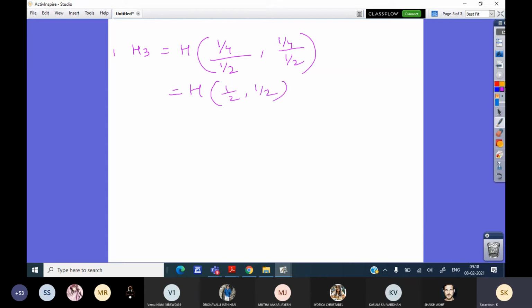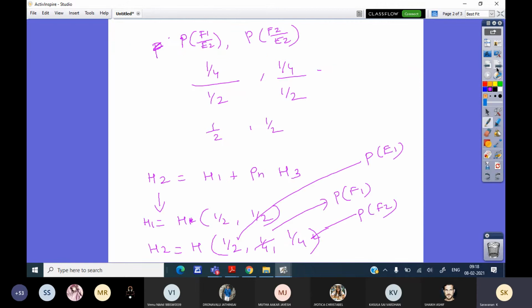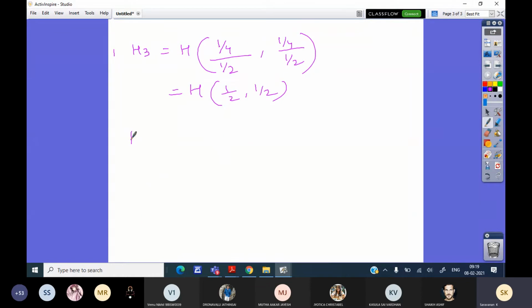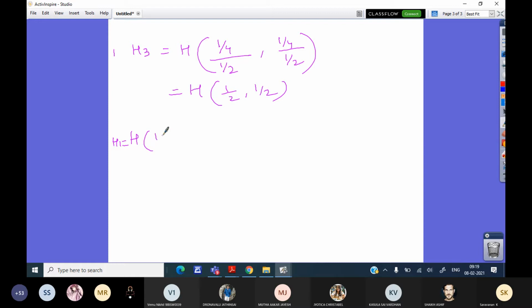So I have to compute all three values. Can you compute H of 1 by 2, 1 by 2 and tell me? H1 first. What is the general formula for getting average information?